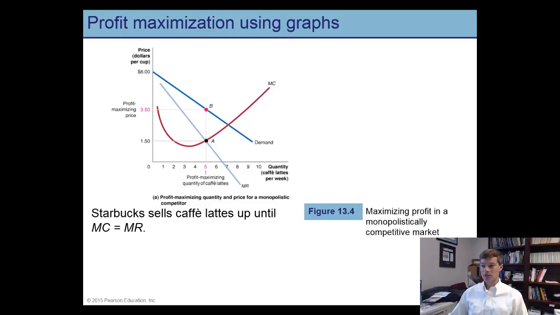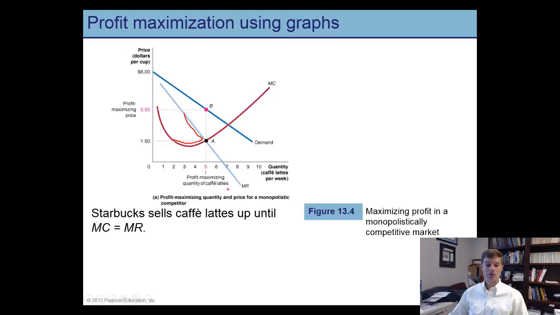Let me briefly indicate why it's not optimal to produce a lower quantity. If the firm stopped production at a lower quantity, like 3 units of output, then it would be passing up the opportunity to produce profitable units of output. It would be passing up the opportunity to produce units of output that have a marginal revenue that's greater than their marginal cost. It would also not be profitable to produce too many units of output.